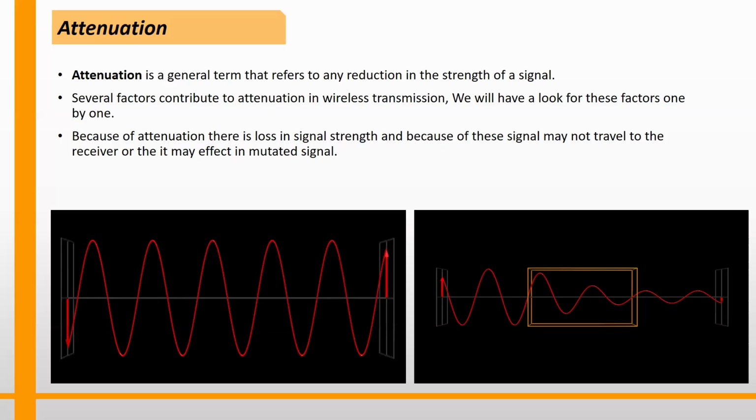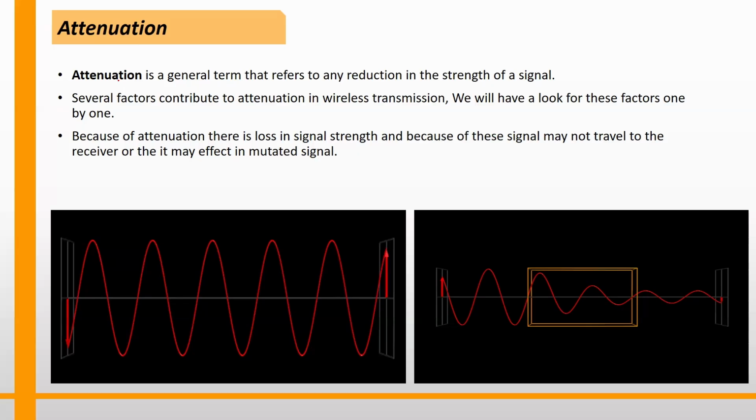It is similar to the ripples generated when a person sticks a finger into a pond. That is exactly what happens when radiation is transmitted in free air. So attenuation is a general term that refers to any reduction in the strength of the signal. Several factors contribute to attenuation in wireless transmission, and we will look at these factors one by one.